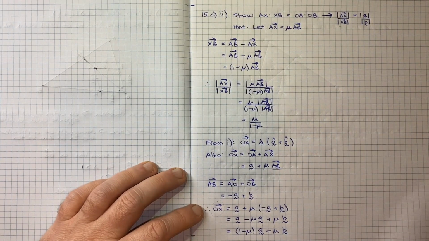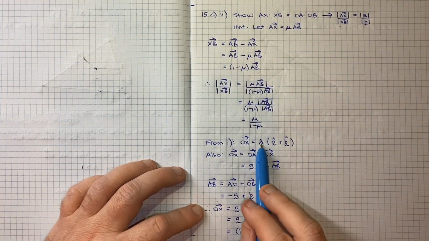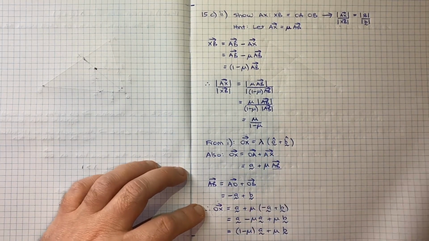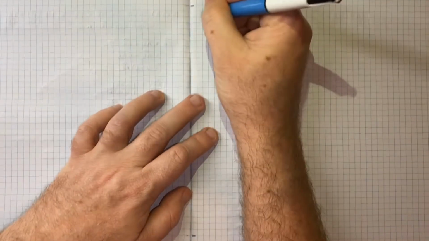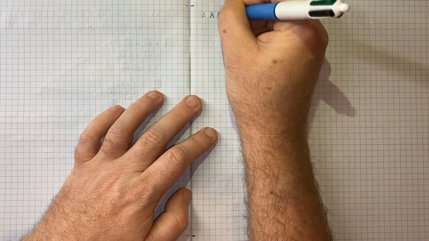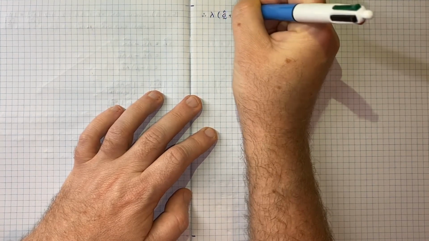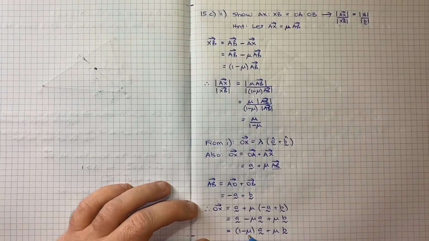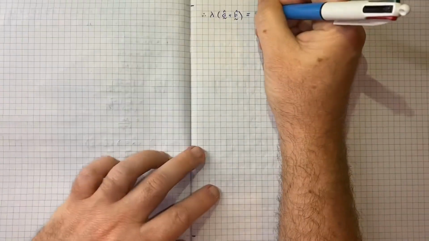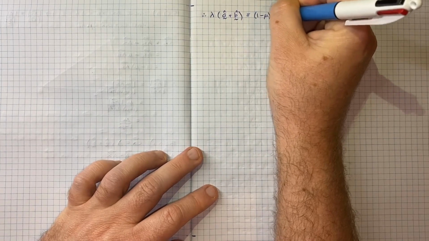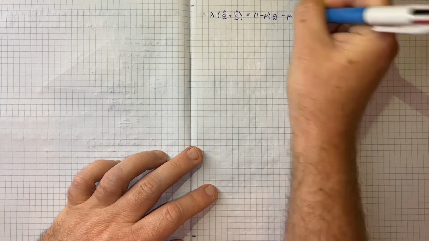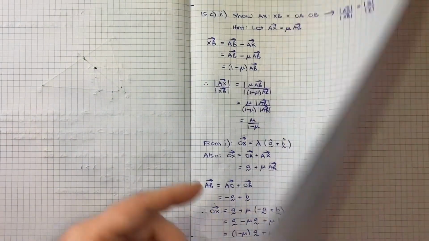So we can conclude that lambda A hat vector plus B hat vector is equal to 1 minus mu A vector plus mu B vector.